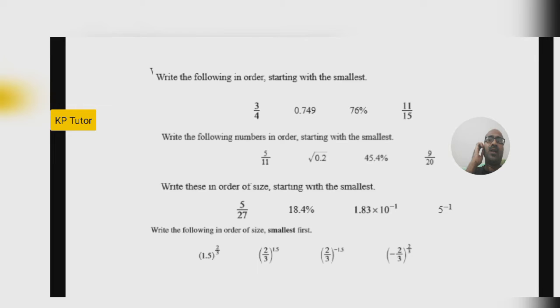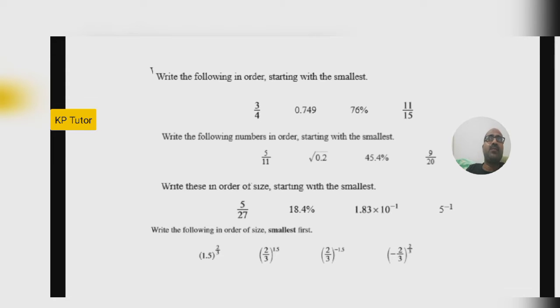First of all, I would like to say about this question, maximum you will get only 2 marks. So at most you can spend maximum only 30 seconds on these questions. Try to do it before that. So let's check the first question.